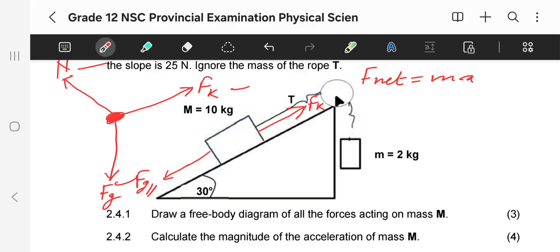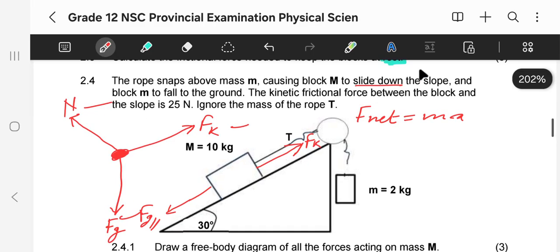And for us to find those forces, this is how we will do our calculation. But I think the information we have is that the kinetic frictional force is 25 newtons. I thought they didn't give us this. So we will do our formula. We'll say Fg parallel.